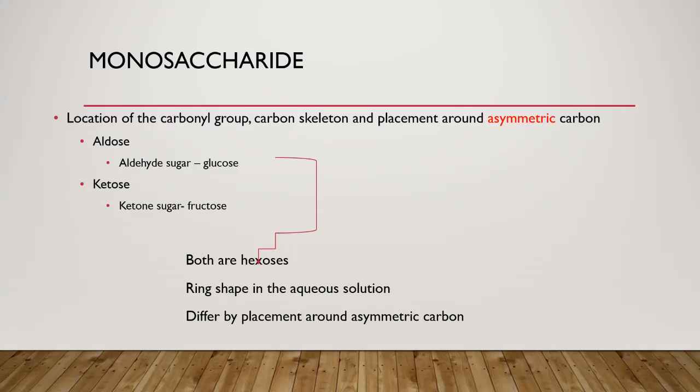Based on this, a sugar can be called an aldose or aldehyde sugar. An example of an aldehyde sugar is glucose. Ketose, also known as ketone sugar, is also a type of sugar, and fructose is an example. Both of these sugars are hexoses because they have a 6 carbon chain.